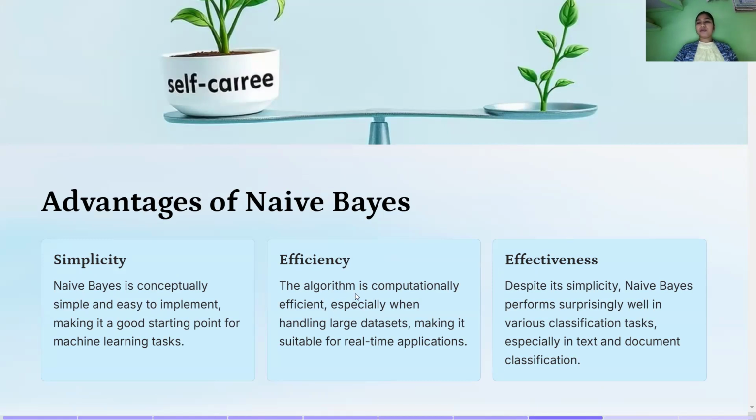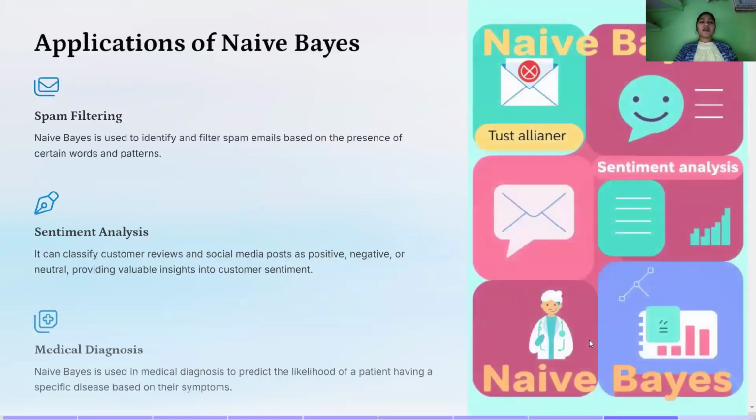The algorithm is computationally efficient, especially when handling large datasets, making it suitable for real-time applications. Effectiveness. Despite its simplicity, naive Bayes performs surprisingly well in various classification tasks, especially in text and document classification.